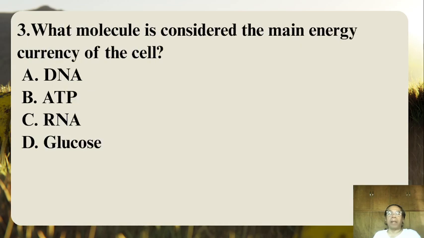MCQ number 3. What molecule is considered the main energy currency of the cell? Letter A, DNA. Letter B, ATP. Letter C, RNA. Letter D, glucose.